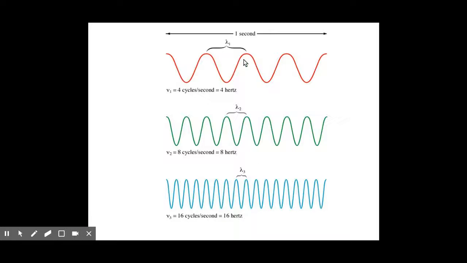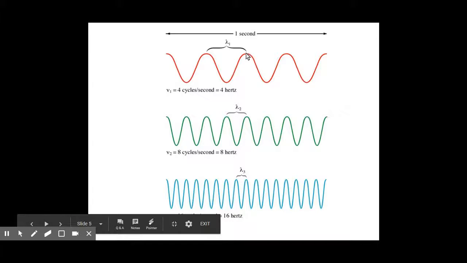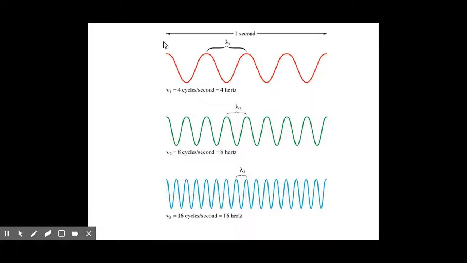So shorter and shorter wavelengths, and the frequency is how many waves it takes per second. If this was 1 second, it would be 4 times per second, so 4 hertz. Heinrich Hertz came up with this, and it's a good system for measuring frequency.